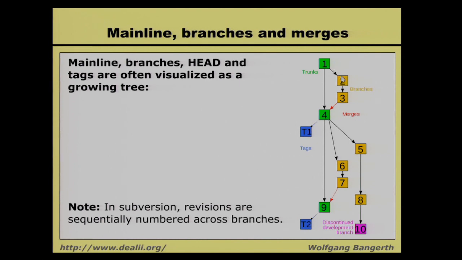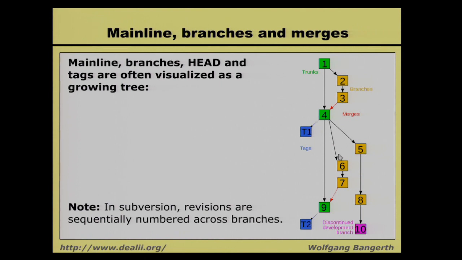So I create a branch, and then I'm going to commit something in revision 2. I'm going to commit something else in revision 3, and then assuming that nobody else has checked anything in between, I can merge that back. Somebody else tomorrow might start some development again, create a branch.